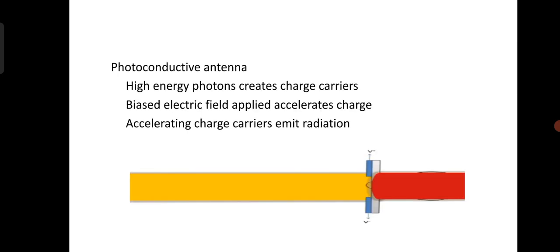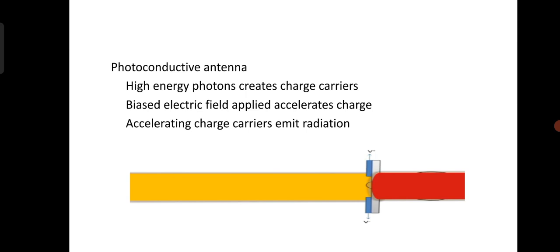Coming to the photoconductive antenna, high energy photons create charge carriers, and a biased electric field applied accelerates the charges produced by photons, and the accelerating charges emit radiation.